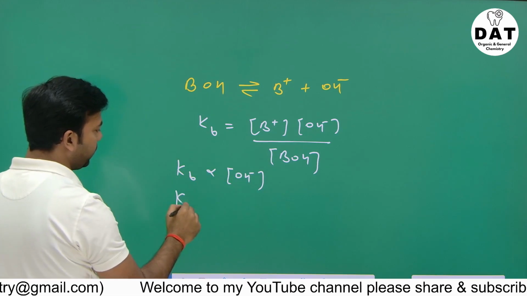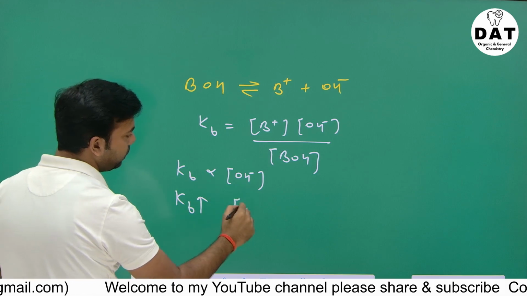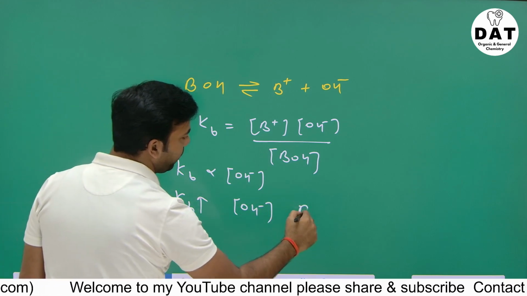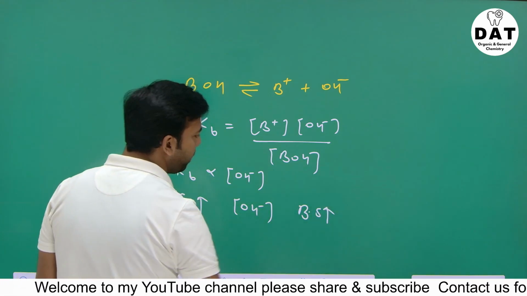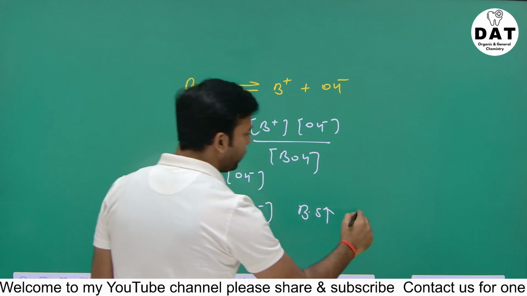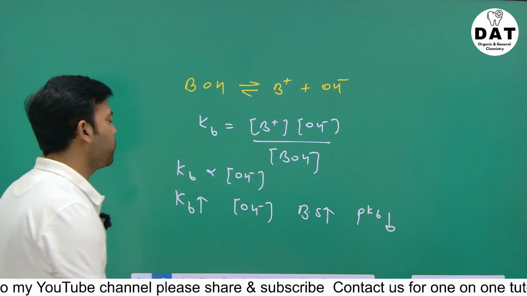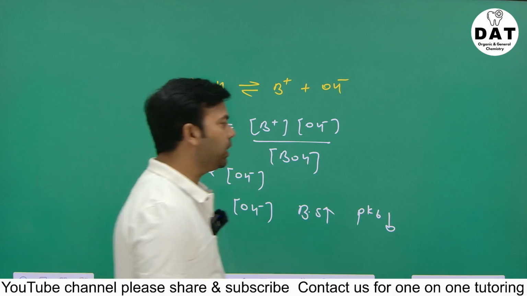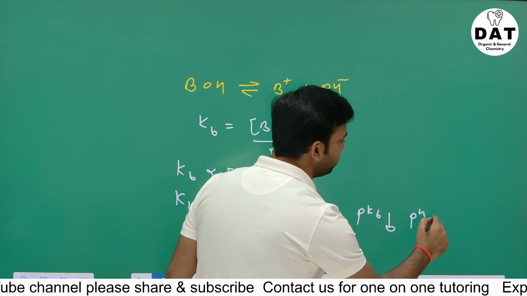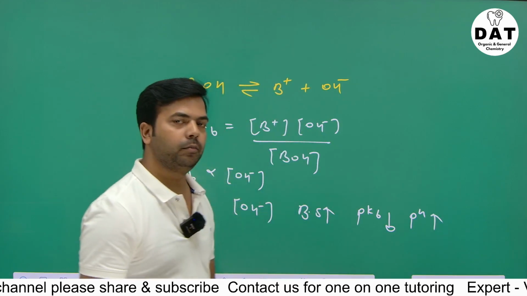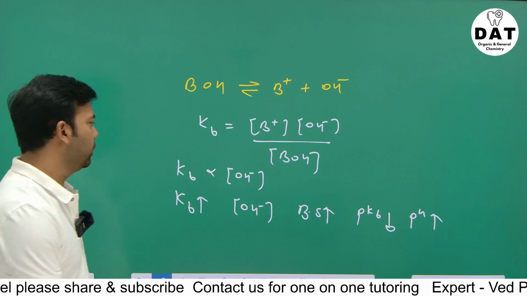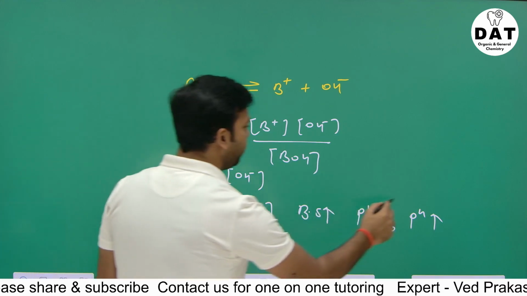So higher the Kb, greater the OH ion. Greater the OH ion means basic strength is high, and high Kb means pKb should be low. Clear? And higher the basic strength, greater the pH. So higher the pH, more will be the basic. Makes sense? So these relationships are very, very important.